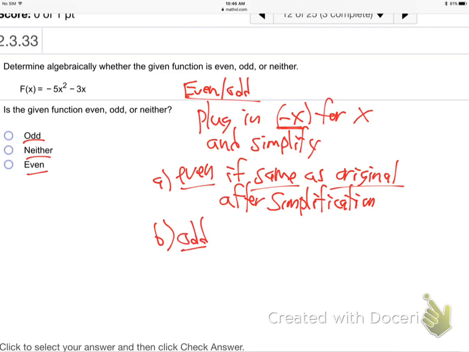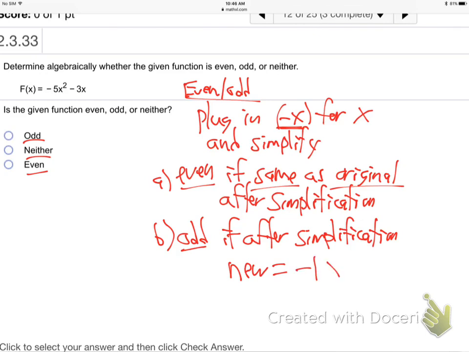It's odd if after simplification the new equals -1 times the original. That's odd.